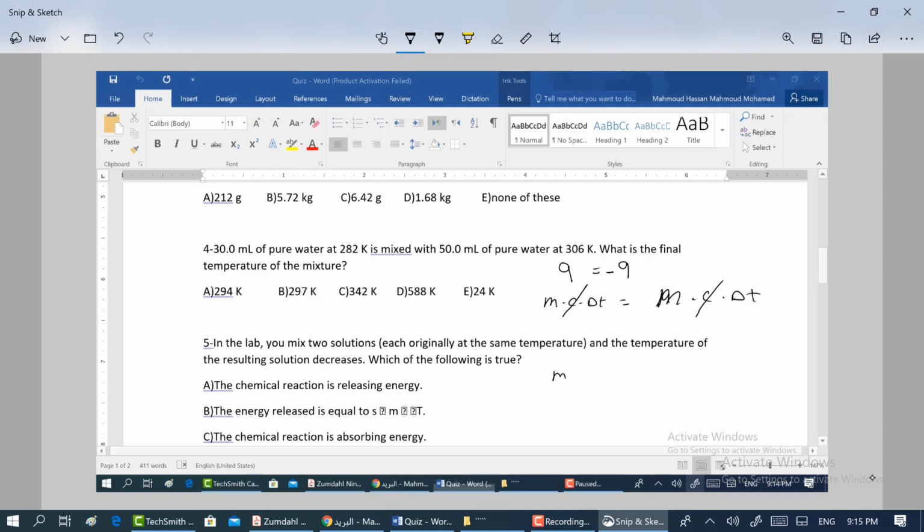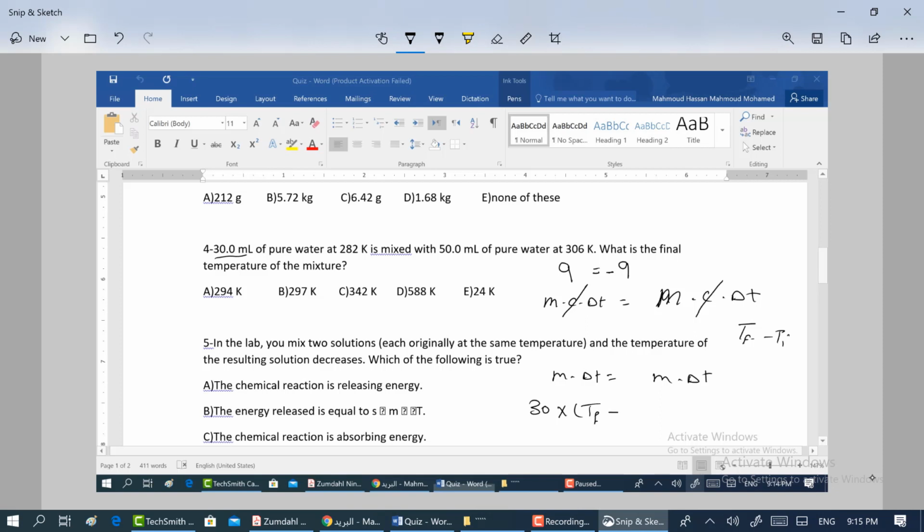So M multiply delta T equal M multiply delta T. The M before the mixing it will be 30 times delta T, it means T final subtracted the T initial. So the T final, I don't know.